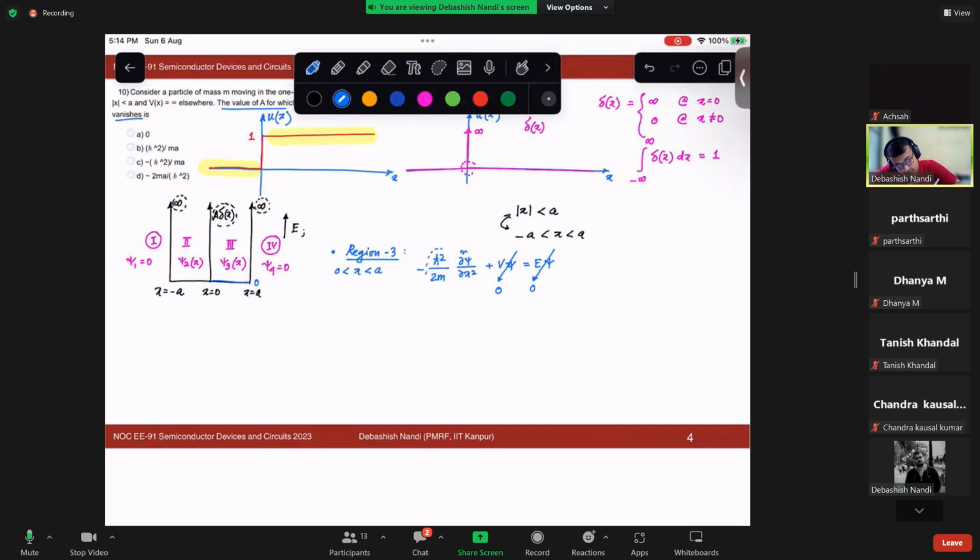This is my constant term, right? So it is not equal to 0. So I can always write that d square psi by dx square is 0. So I can write the solution in this form, b1x plus c1. Is it okay with you from this step to this step?